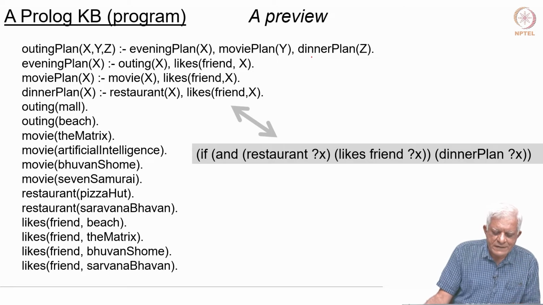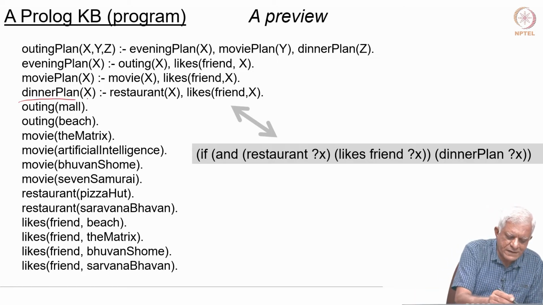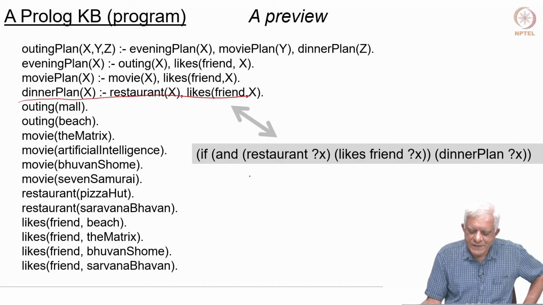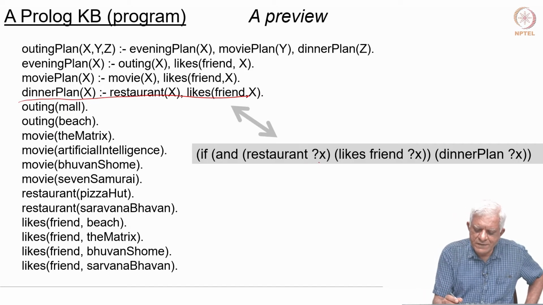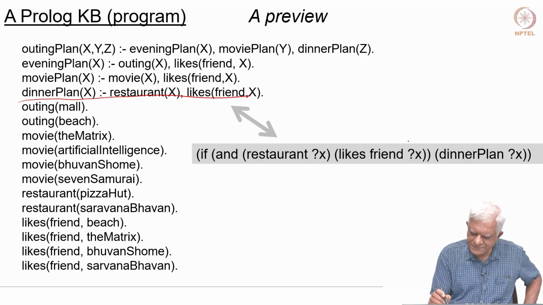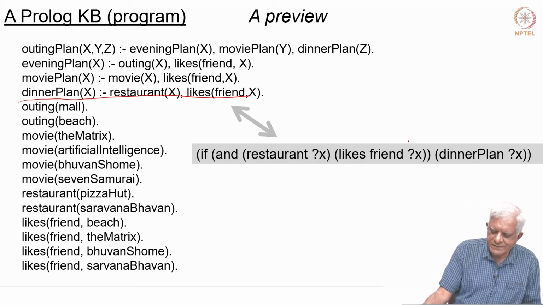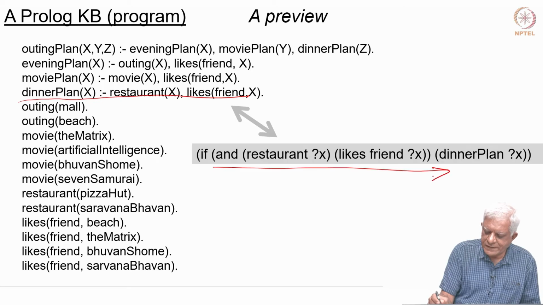And what the logic sentence written here says is that if X is a restaurant and your friend who is coming with you for the celebration likes X, then that X will fit the dinner plan essentially. So, the rule of course is, if then it is a dinner plan.